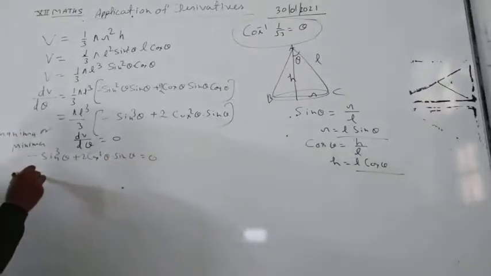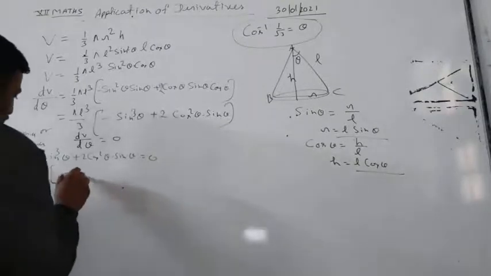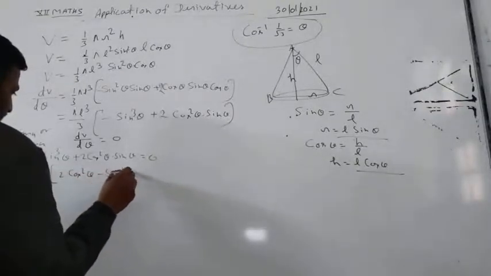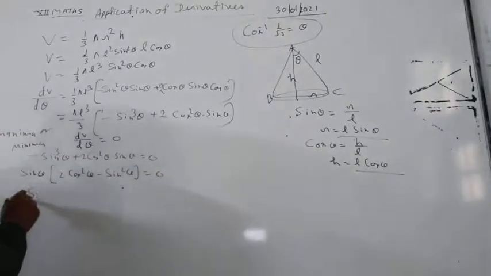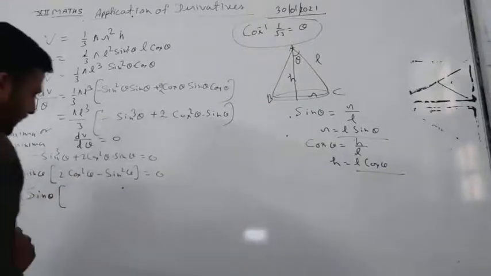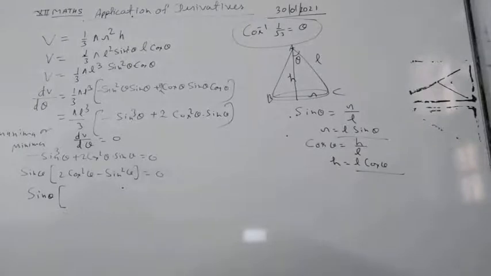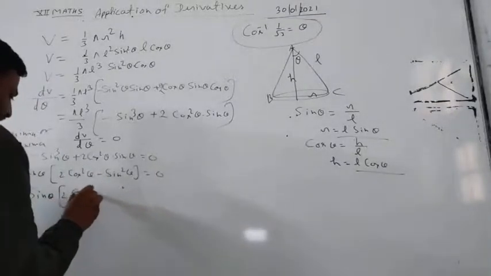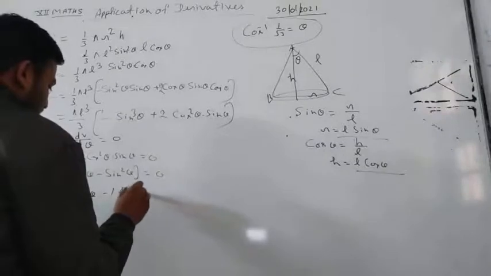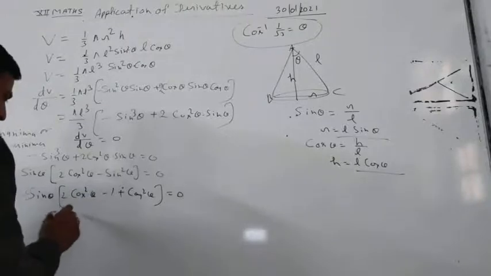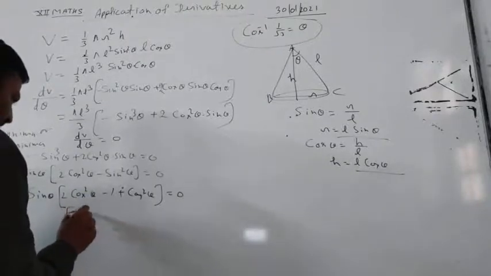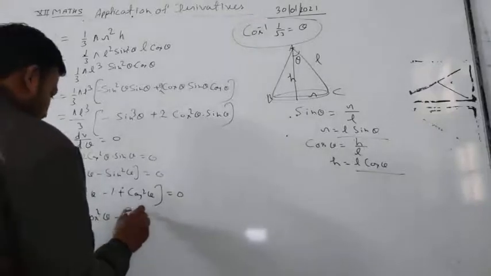So taking sin theta outside, students, we get sin theta times 2 cos square theta minus sin square theta is 0. So we change this sin square theta to 1 minus cos square theta, students. So we can write 3 cos square theta minus 1 is equal to 0.